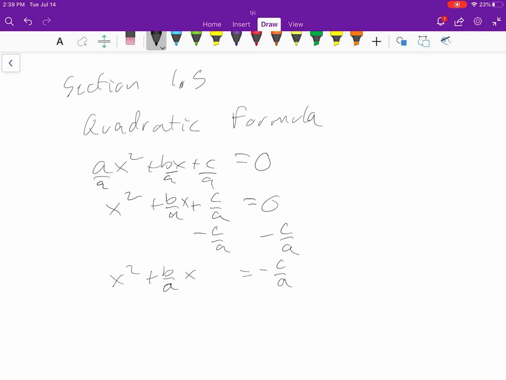Now, we did this trick where we took this middle term, the b over a, we divided it by 2, and then we squared it. So let's do that. b over a divided by 2 is b over 2a, so it's going to be b squared over 4a squared. And we're going to add this to both sides.